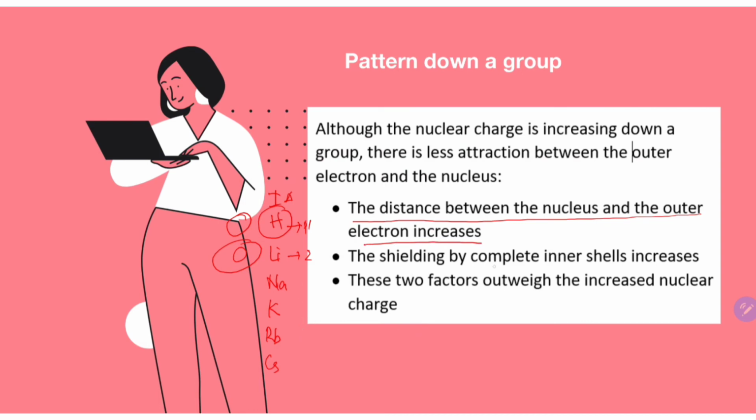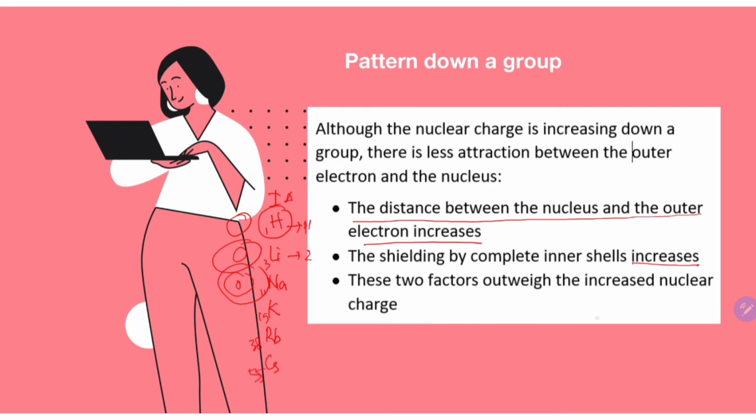And then the shielding by complete inner shells increases, because the number of shells increases. So the shielding effect increases. There are more electrons in the inner shells. These two factors outweigh the increased nuclear charge. The nuclear charge here: hydrogen 1, lithium 3, sodium 11, potassium 19, rubidium 37, cesium 55.